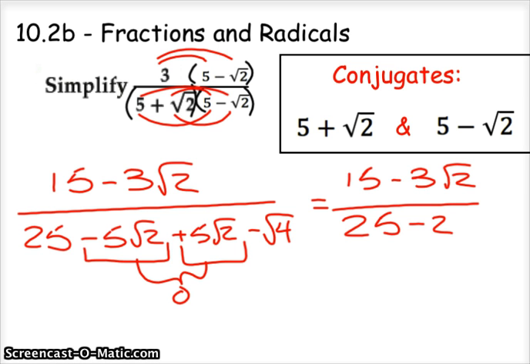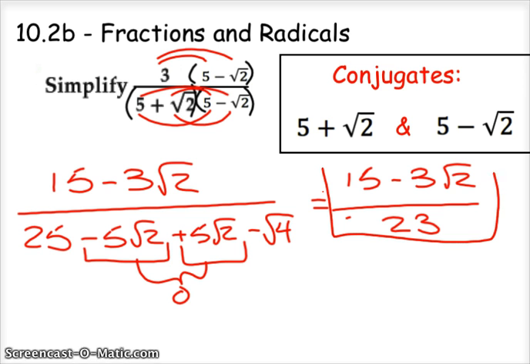And then to just clean things up a little more, 25 minus 2 is 23, so just erase that down there, and write 23. So that is my simplified form. I got all of my radicals out of the denominator.